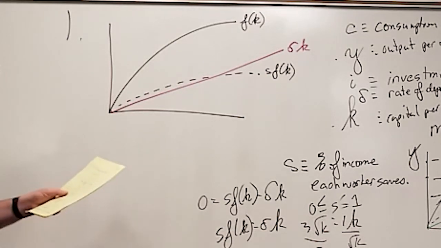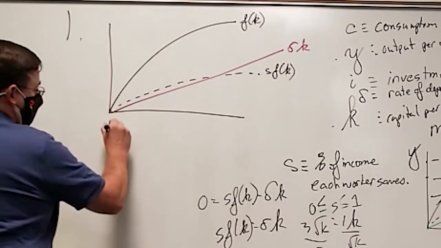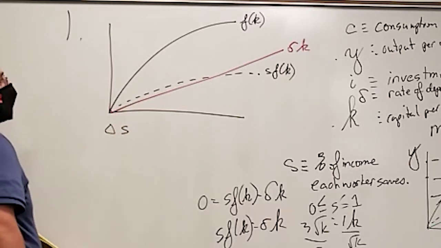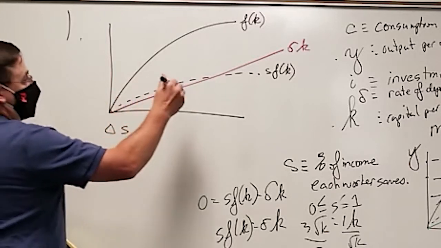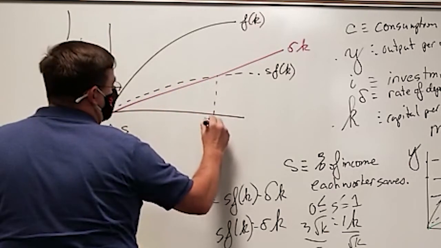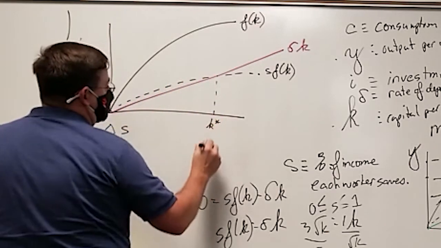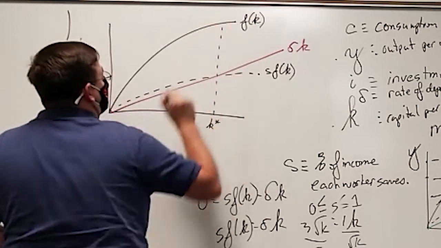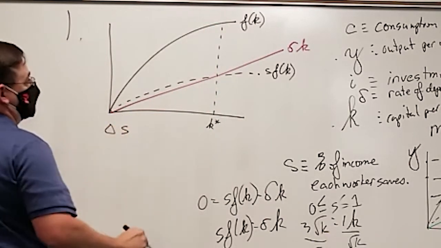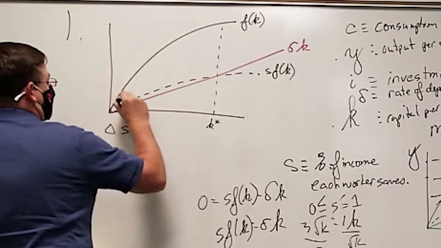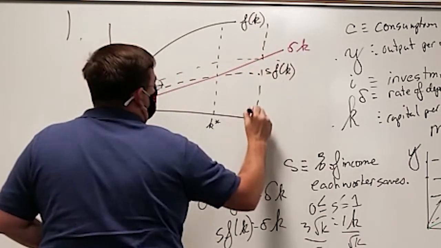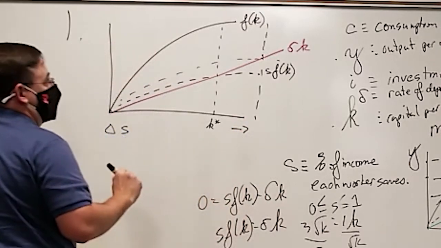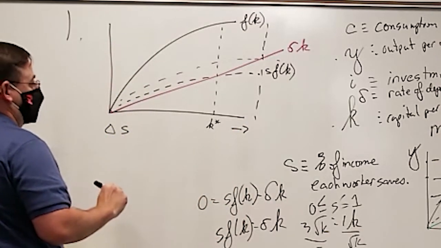We could change the savings rate. If we change the savings rate, what happens? Currently, this economy has a steady state right here. But if we increase the savings rate, what happens? As we increase the savings rate, we find that it comes to a new steady state at a higher level of overall output and a higher level of capital.